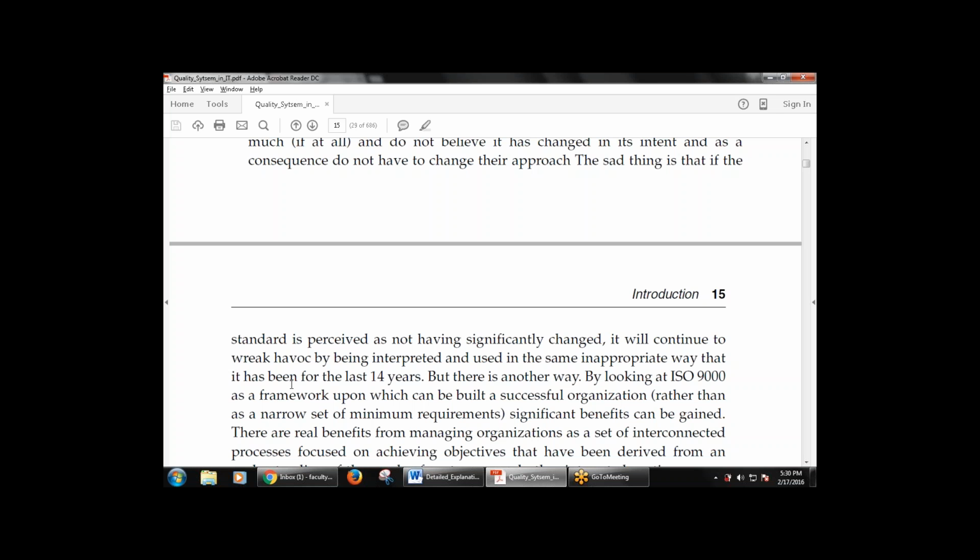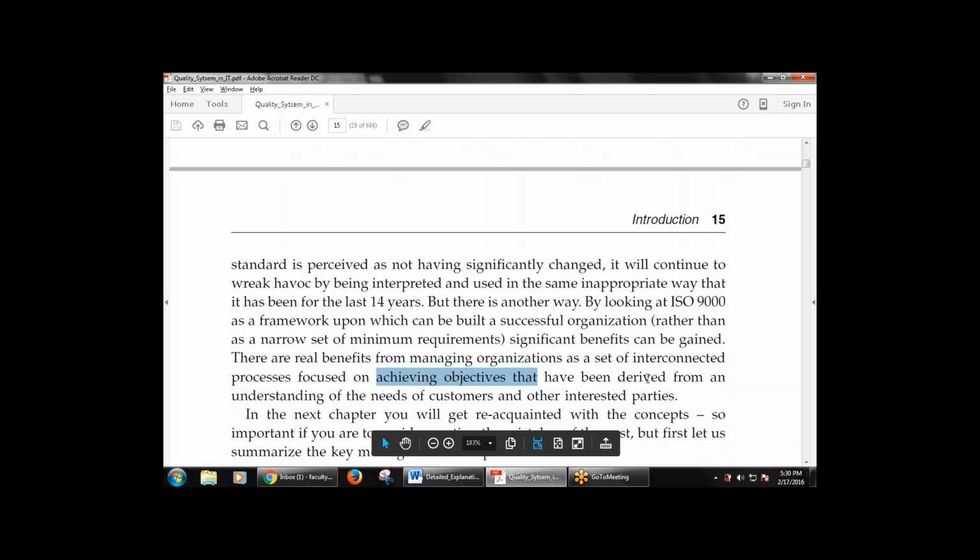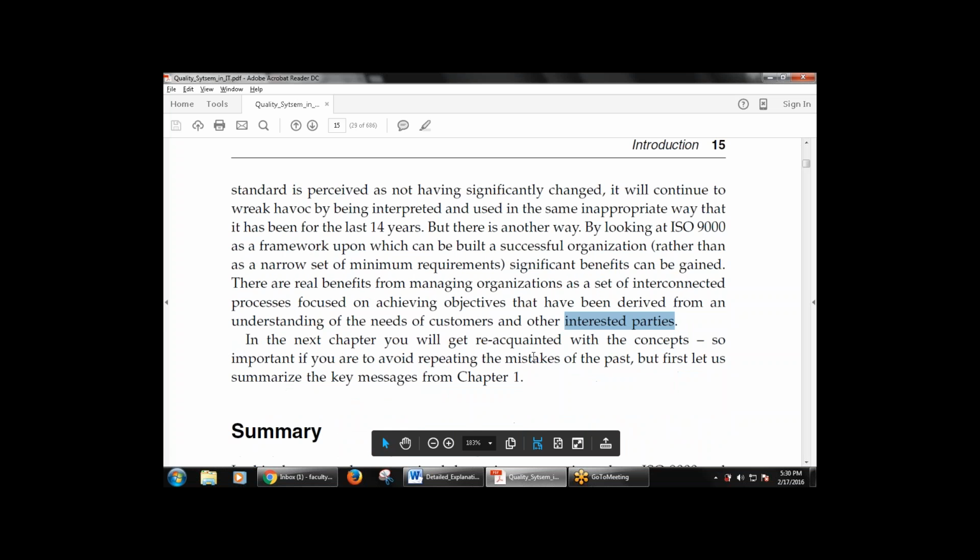There will be a significant benefit that can be gained, and there are real benefits from managing the organization as a set of interconnected processes that focus on achieving objectives derived from an understanding of the needs of the customer and other interested parties.